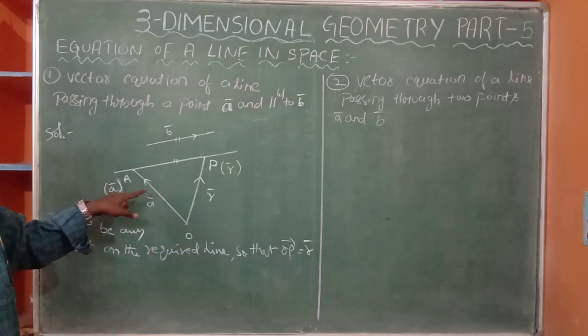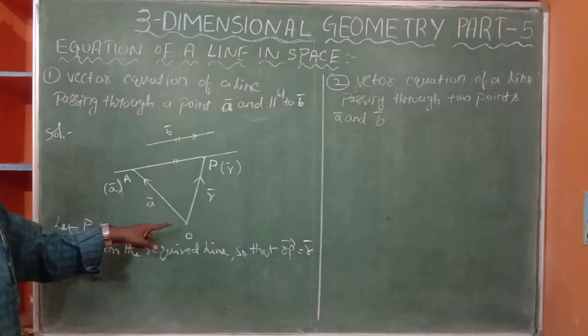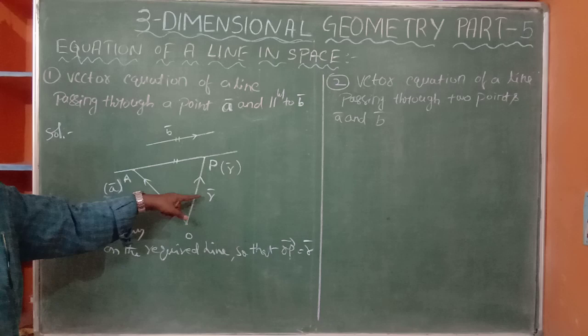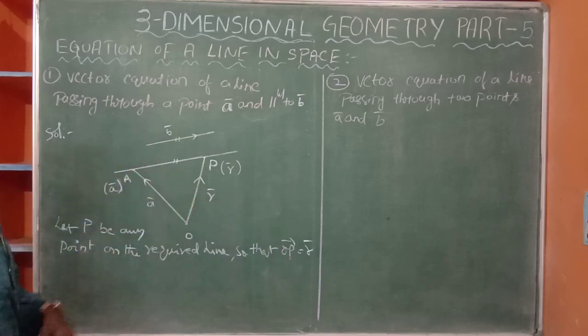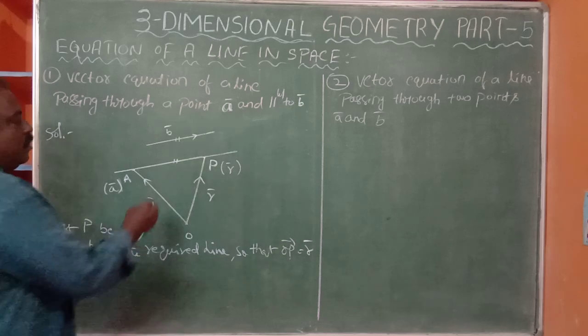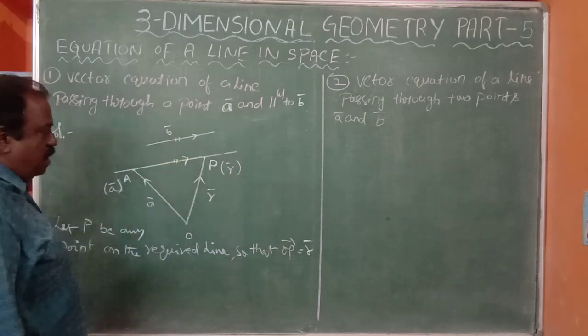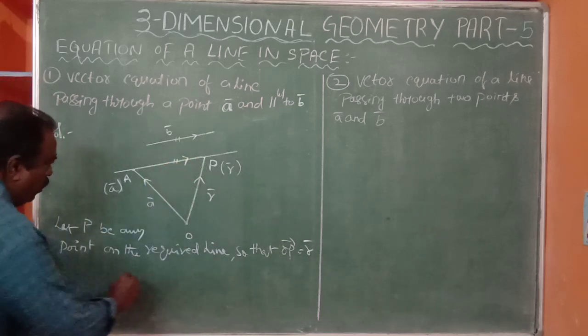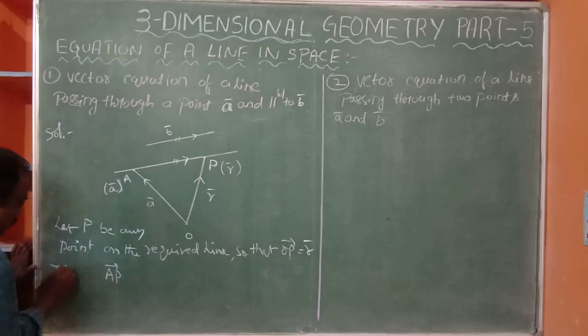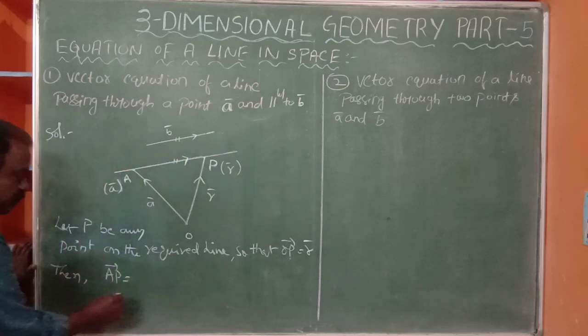Now you see that here A bar is given, B bar is B bar, R bar is ours. We are assuming A and P are lying on the same line. Then what about AP bar? AP bar is a free vector.